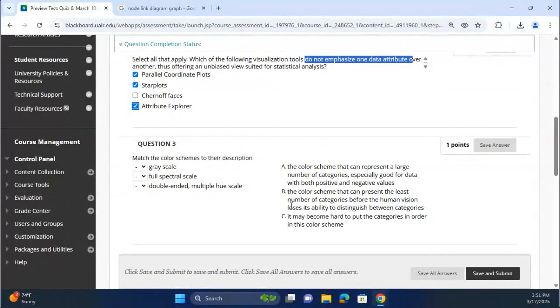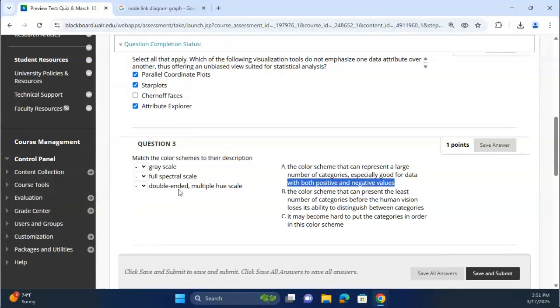Okay, let's talk about color schemes. We have grayscale, full spectral scale, and double-ended. The way it's set up here, one good thing is that things that have both positive and negative values would be a double-ended scale. Positive numbers are red, and negative numbers are green.